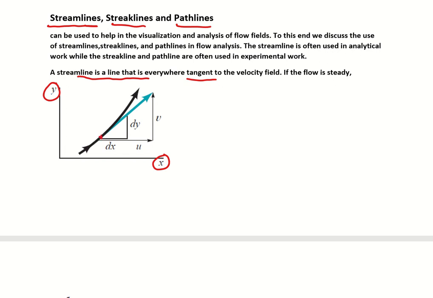And at this point, if we draw the tangent, this is the tangent, and everywhere if you draw the tangent, then that tangent gives you the velocity field.